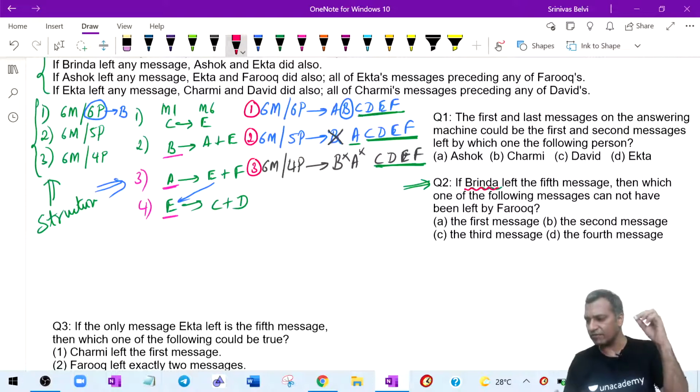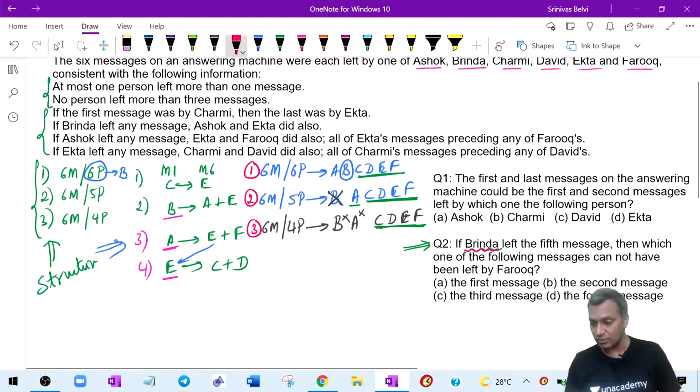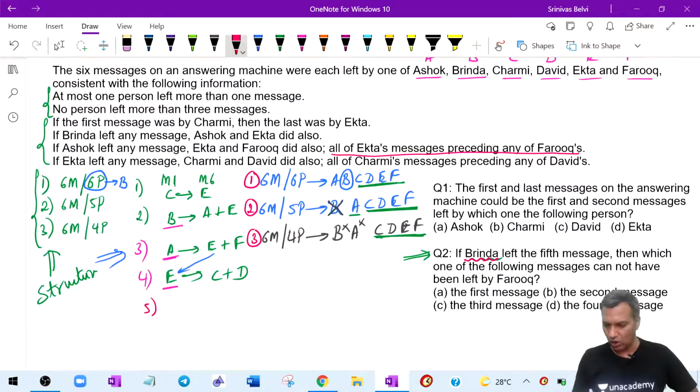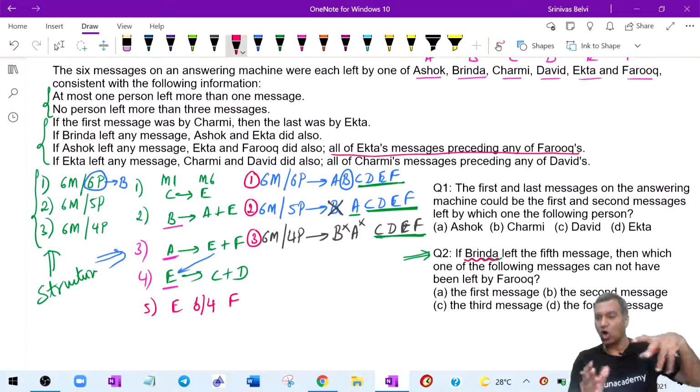If Brinda left the fifth message, there is another smaller minor aspect. What was the minor aspect? All of Ekta's messages come before Farooq's messages, right? So let me write it as the fifth point. There is another minor point, point 6 here.